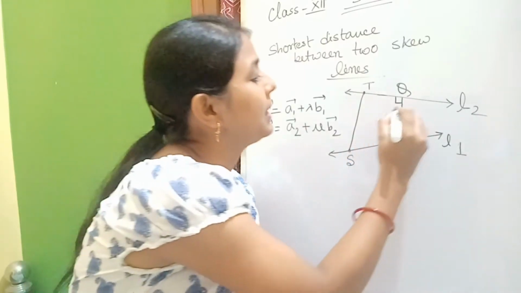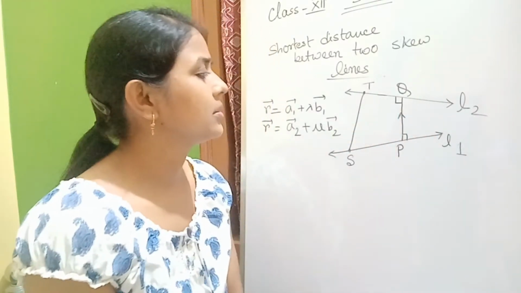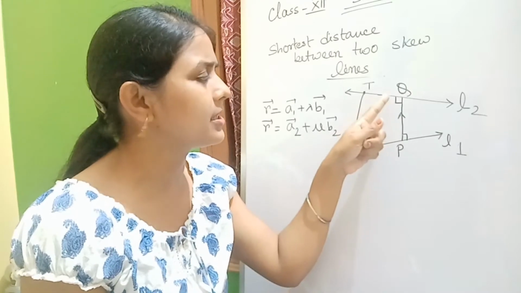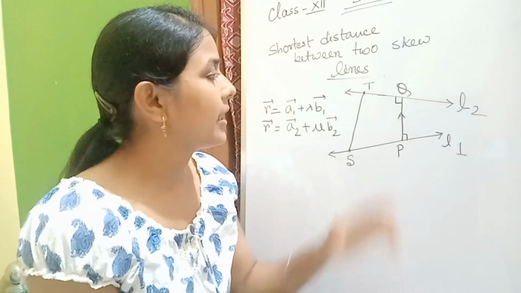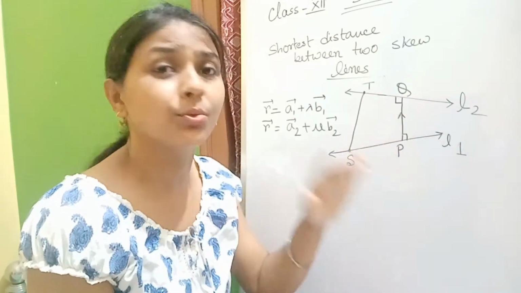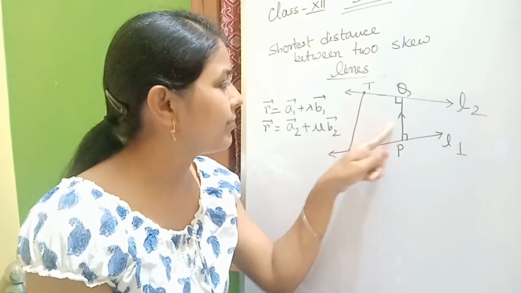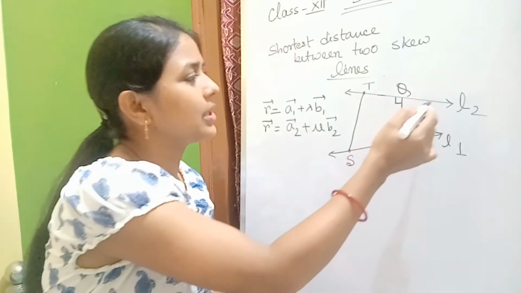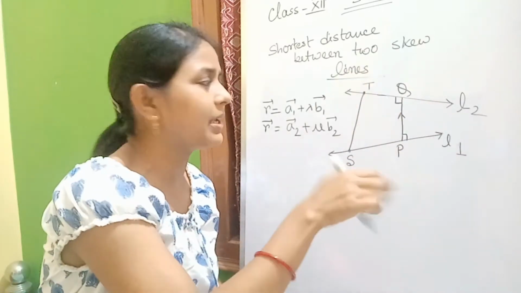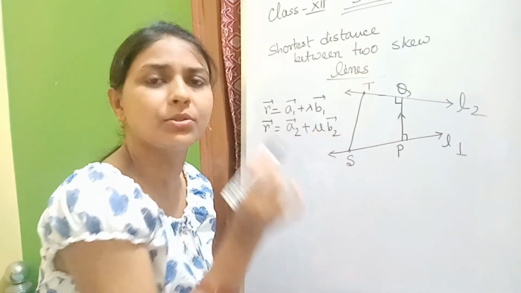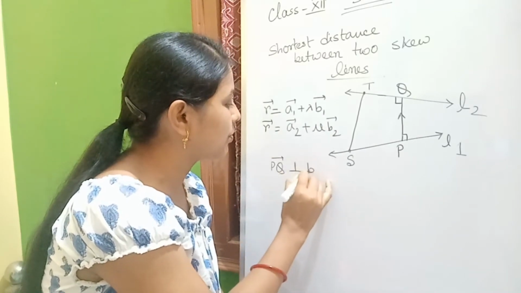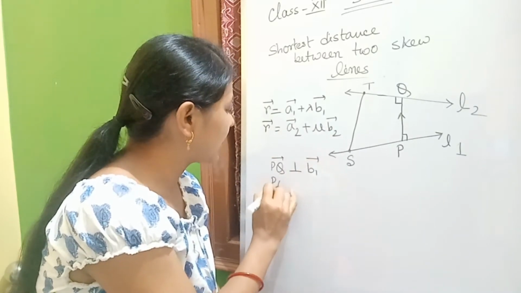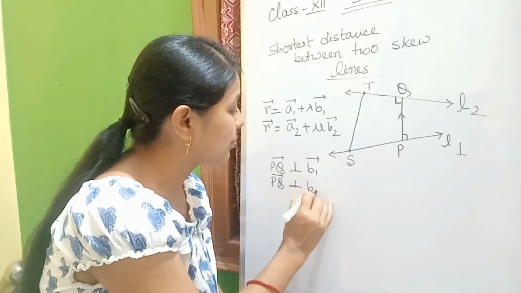Then PQ vector is the perpendicular vector here, and it is perpendicular to L1 and L2. It means PQ vector is perpendicular to the parallel vectors of these two lines, b1 vector and b2 vector.